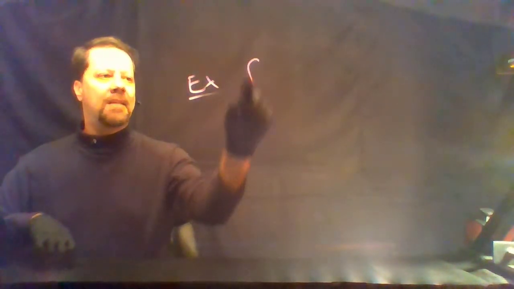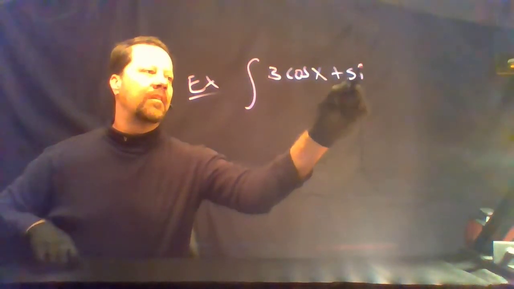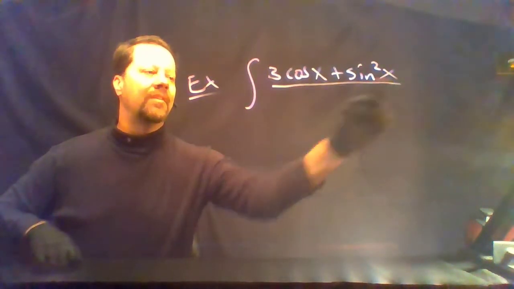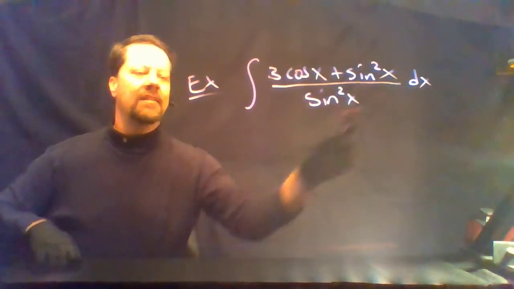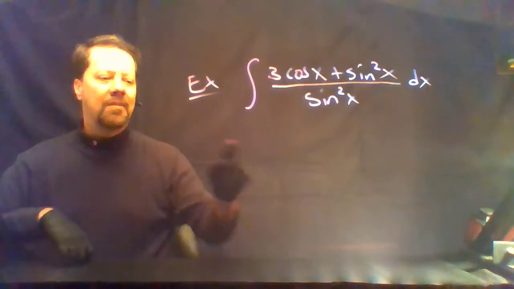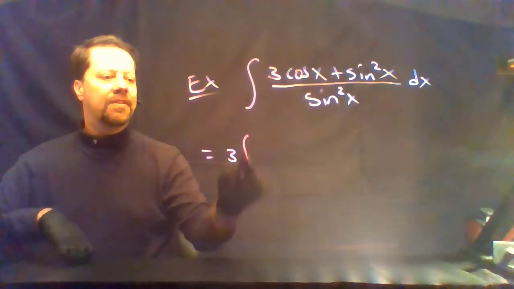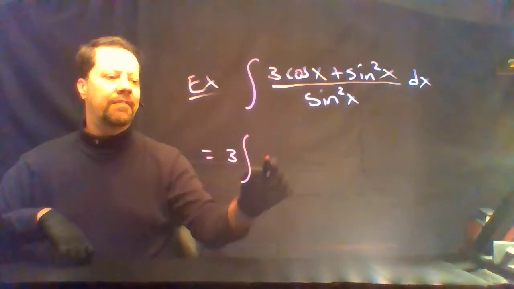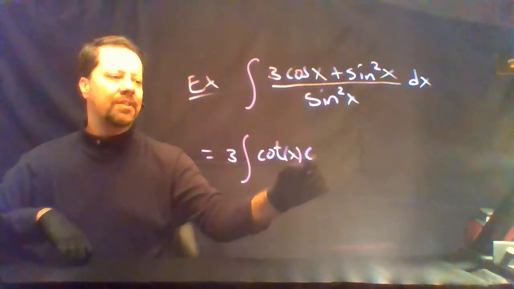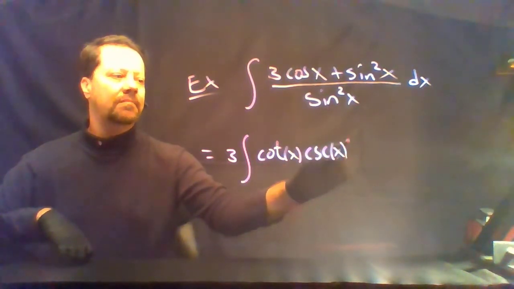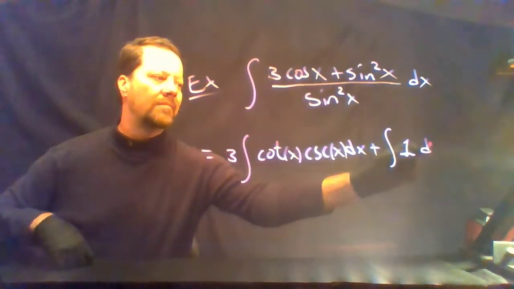In our next example, we'll integrate 3 cosine x plus sine squared x over sine squared x dx. We need to break this into 2 fractions. On the first part, it's going to be cosine over sine, which is cotangent x, and a 1 over sine, which is cosecant x. On the second term, we'll just have 1.